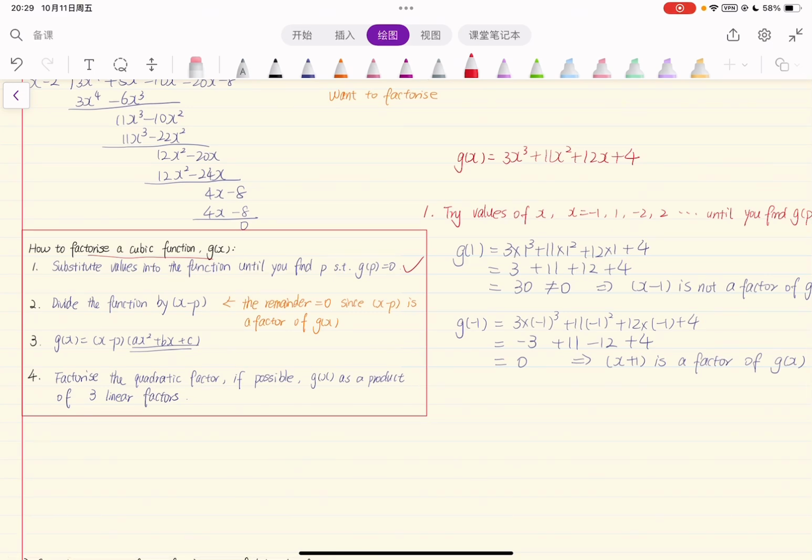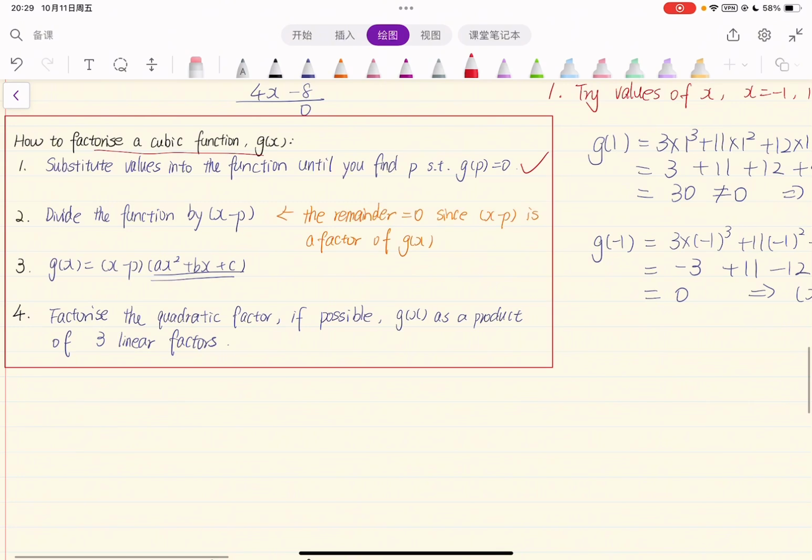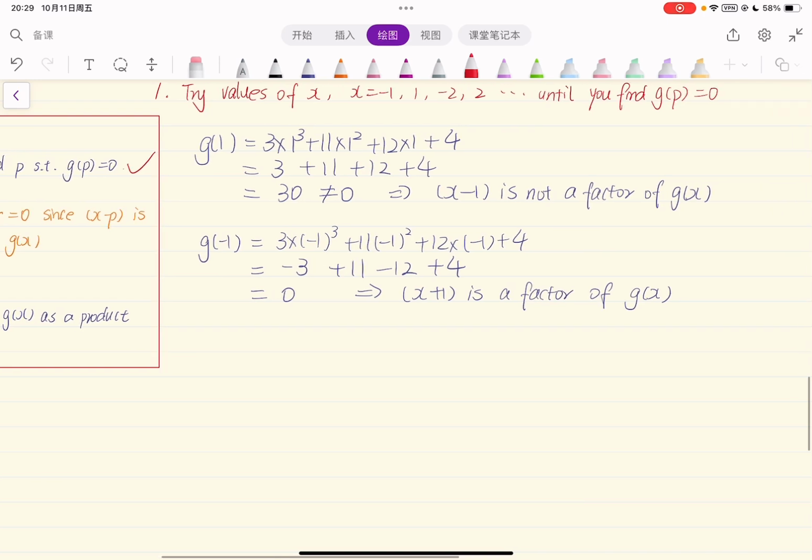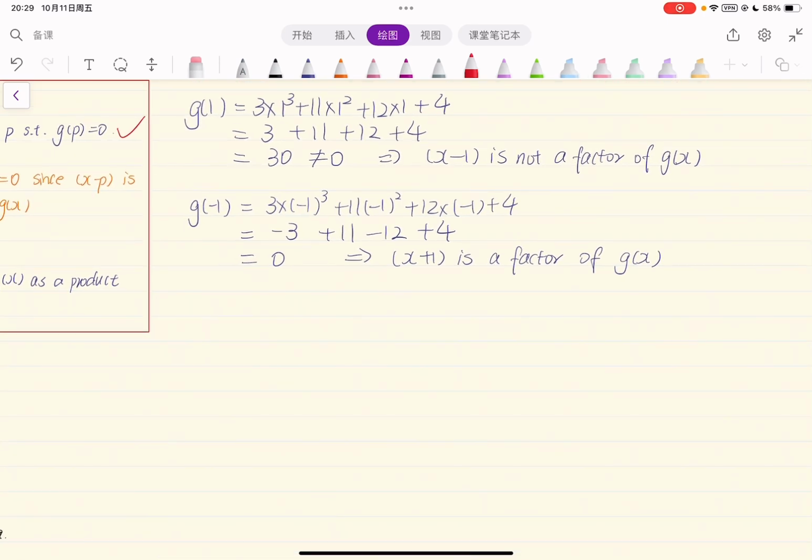Now what we need to do is find the quadratic factor. So we need to divide the function by x minus p, that is x plus 1. So step 2, divide g(x) by x plus 1.